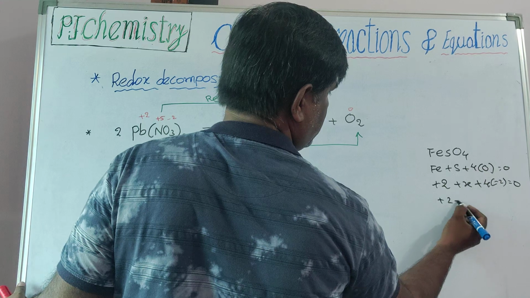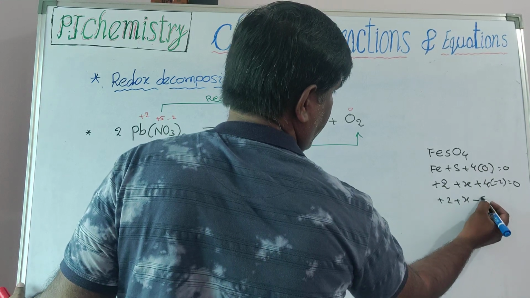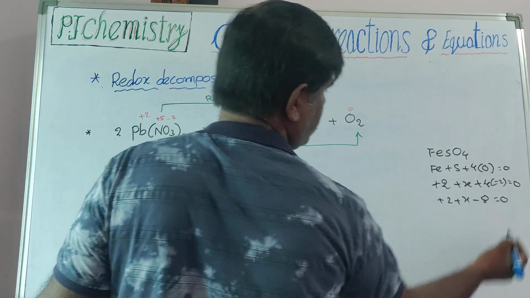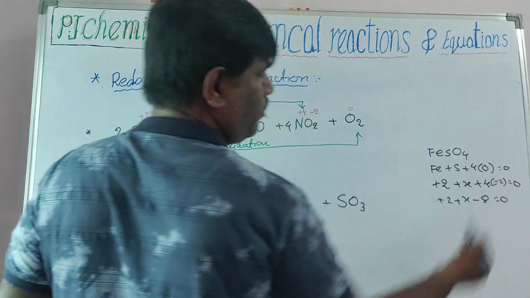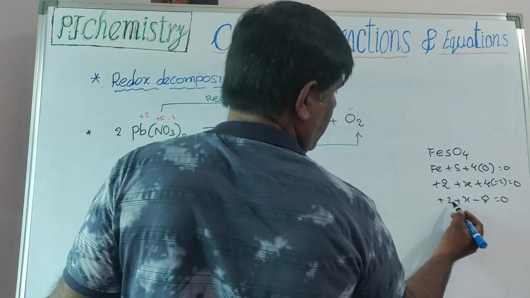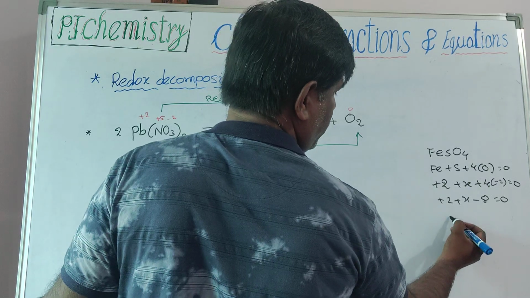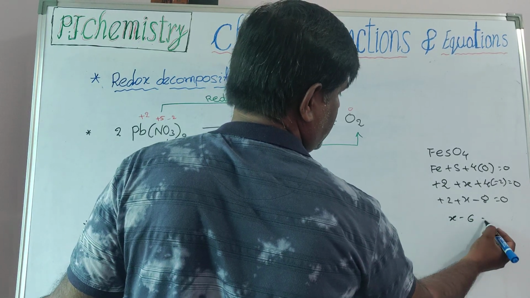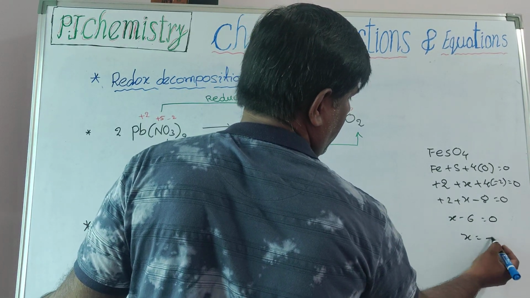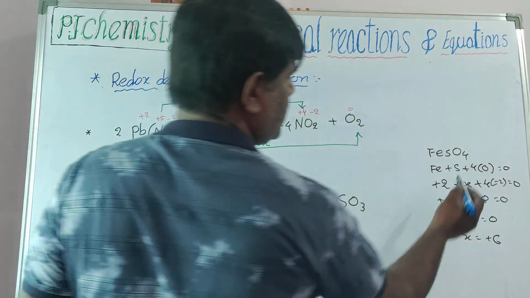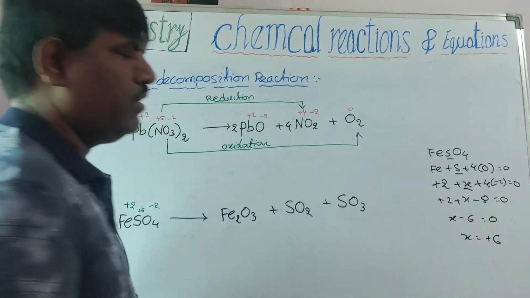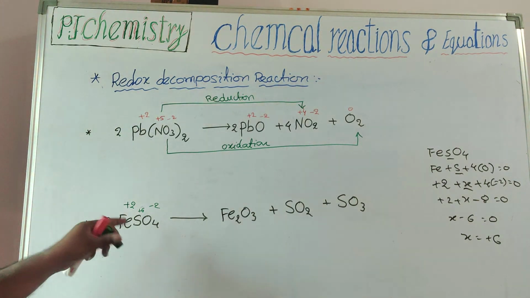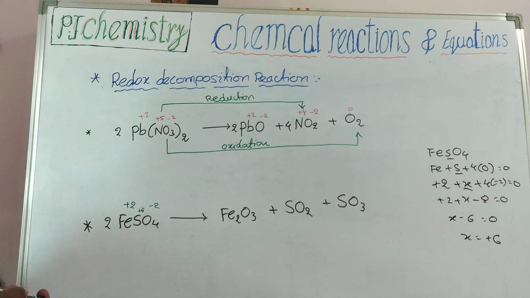Now +2 plus X minus 8 equals 0. How did you get -8, sir? Plus into minus, minus; 4 into 2 is 8. Now -8 plus 2 is -6, so X equals +6. That is what sulfur is, +6.